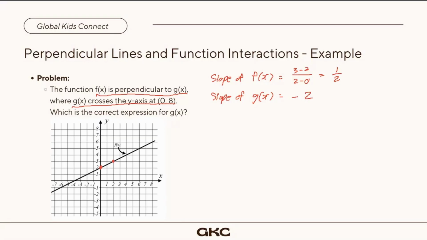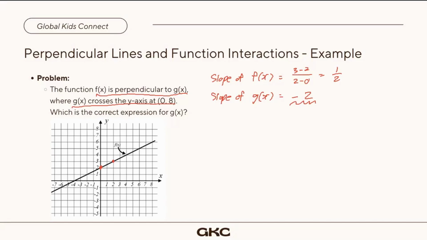We can also prove this using the perpendicular equation where two slopes, when multiplied, are equal to -1. And so we prove that these two slopes are perpendicular and that the slope of g of x is indeed -2. So we know the first part of the g of x equation. Now we have to find the y-intercept of the g of x equation.